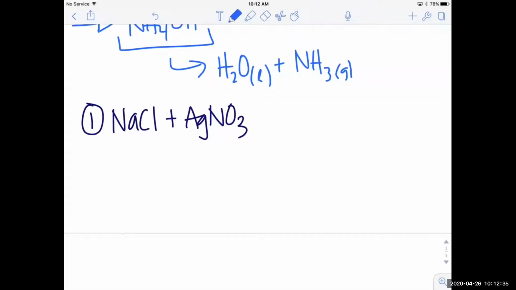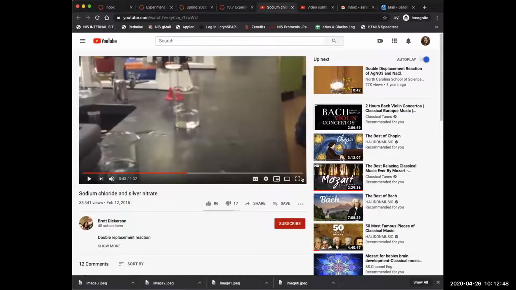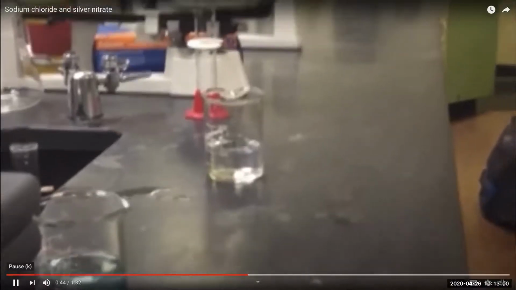So the first reaction we'll go over is sodium chloride and silver nitrate. Let's write down our observations from the video. In here you can see that there's already a solution of sodium chloride in a graduated cylinder that was poured from here. So here's a beaker with sodium chloride, and the scientist is now going to add silver nitrate.